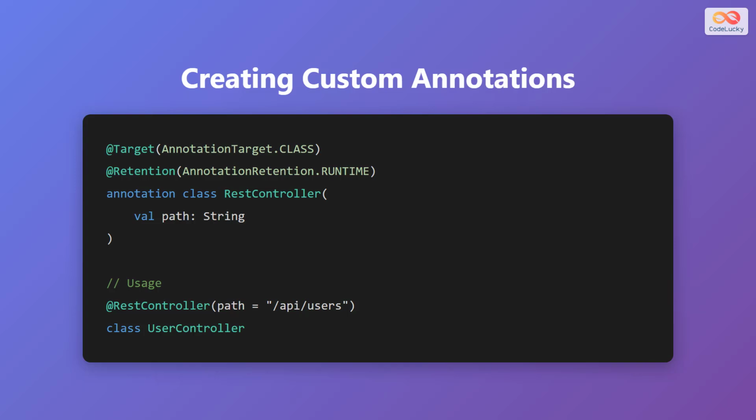The @Retention annotation determines whether the annotation is available at runtime, stored in compiled class files, or only visible during compilation. Your custom annotation can also have parameters, just like built-in ones. Here, we've created a RestController annotation with a path parameter. Once defined, you can use it just like any other annotation by prefixing it with the @ symbol.